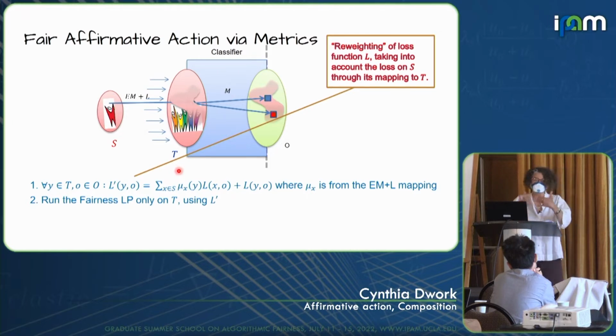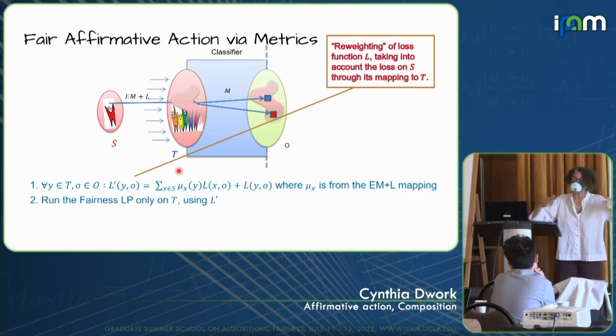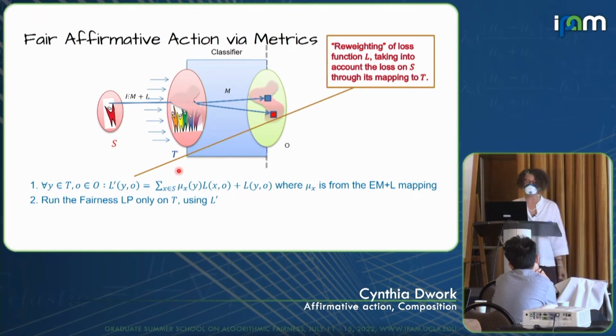When we play this game of saying somebody in T is no longer just somebody in T, they're also now representing some spread on the population in S. So it makes sense that we would maybe reweight the loss function.